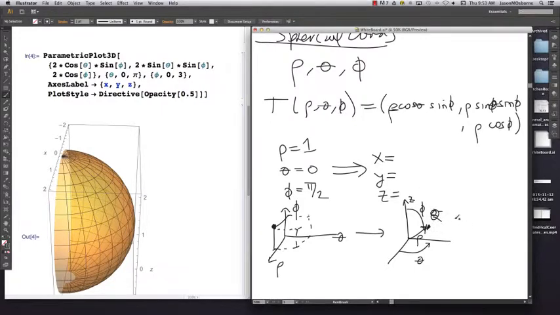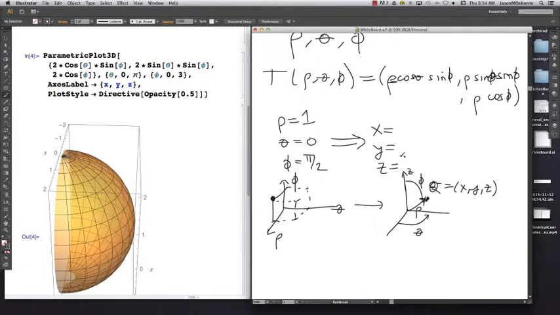Which point Q will we be at if we use these rho, theta, and phi variables? Well, you'll be at the point 1 cosine of 0 sine of pi over 2, and sine of pi over 2 is 1, cosine of 0 is 0, so you're at an x value of 0.